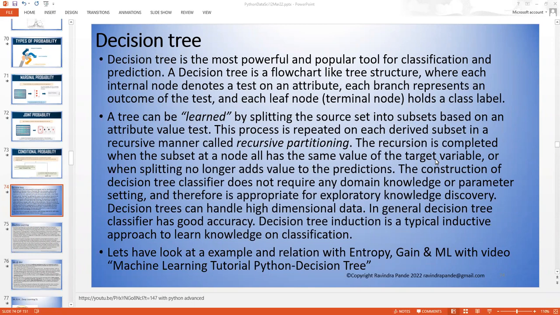In general, the decision tree classifier has a good accuracy, definitely, because we are playing within the bandwidth of our statistics and with a given probability. So we have the width of a path and we have a result in mind or a target in mind. And that's why this decision tree has a fairly good accuracy.